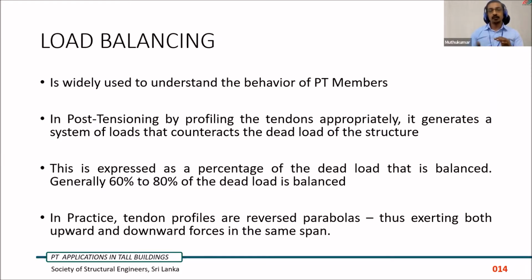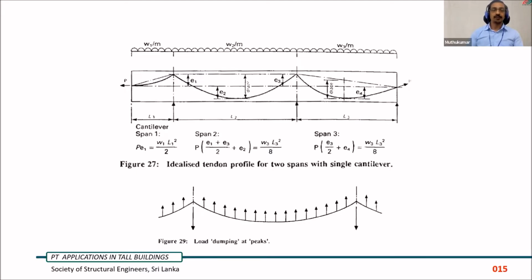The reason is that the more dead load we try to balance, we get a reverse curvature and the finishes might get affected. So that is a practical consideration while taking into account load balancing for regular office or residential buildings. Generally, these tendon profiles are reverse parabolas which exert both upward as well as downward forces in the same span.